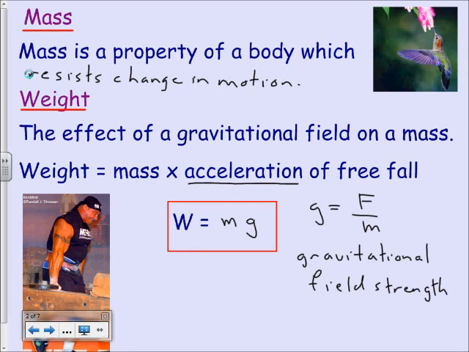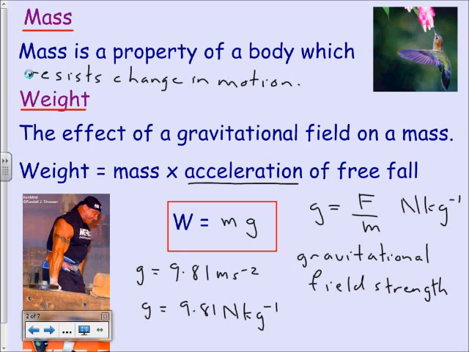Instead of measuring it in meters per second squared, you could measure it in newtons per kilogram. So when we say that g is 9.81 meters per second squared, that's the acceleration produced by gravity at the Earth's surface, or we could say that g equals 9.81 newtons per kilogram. So what we're saying is each kilogram of mass experiences a 9.81 newton force acting on it.